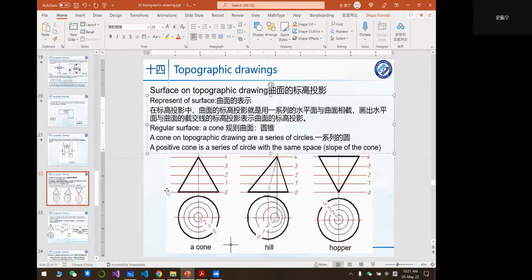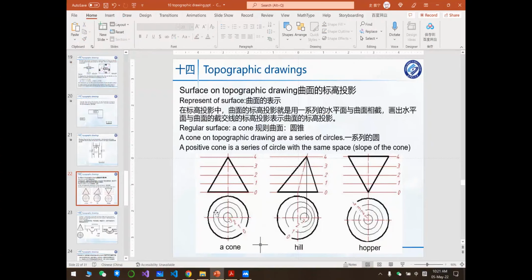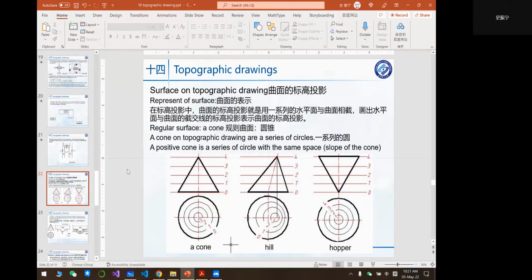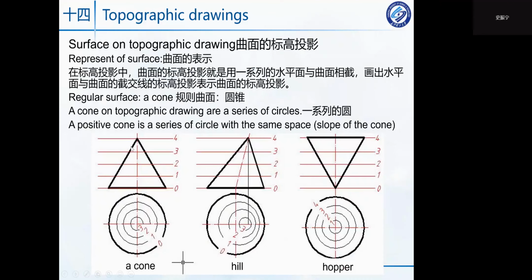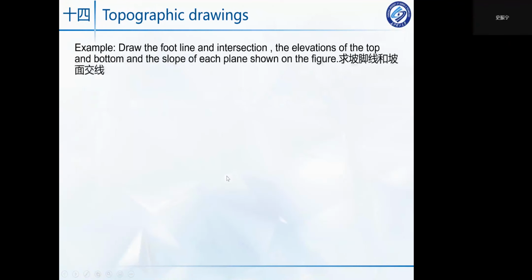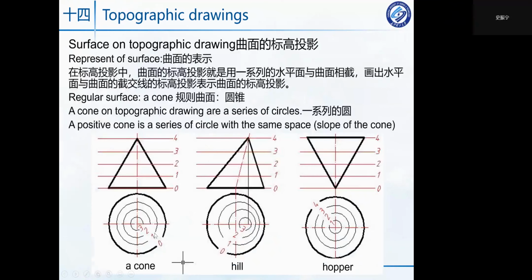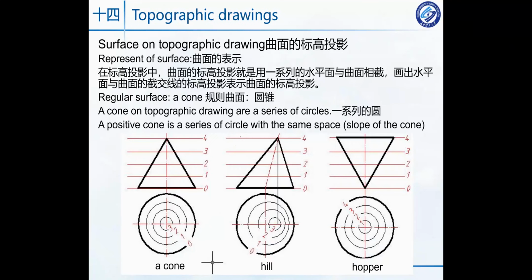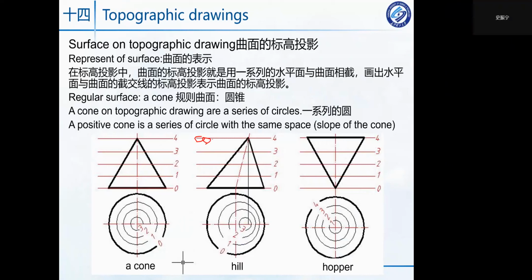Okay, so now you can see as for this one, the front view is like a triangle, and as for this one, the x is not vertical to the horizontal plane.